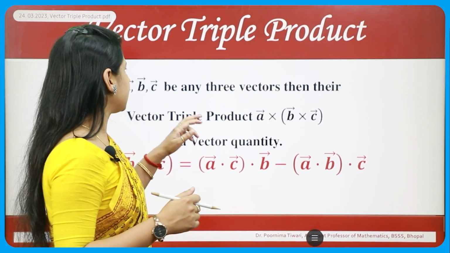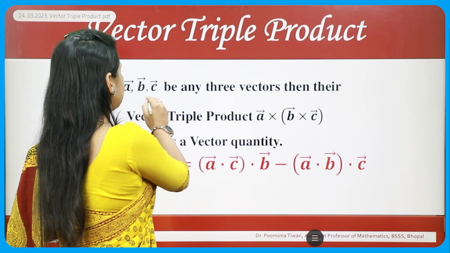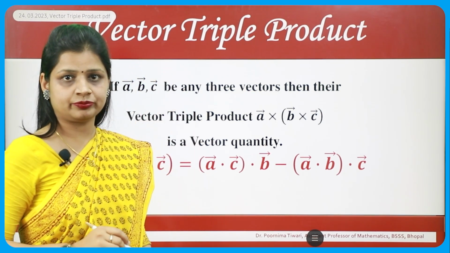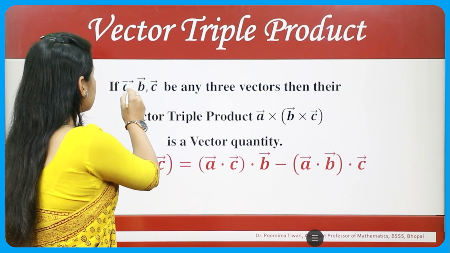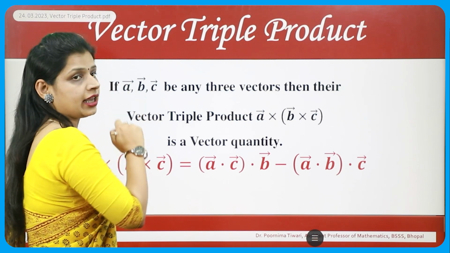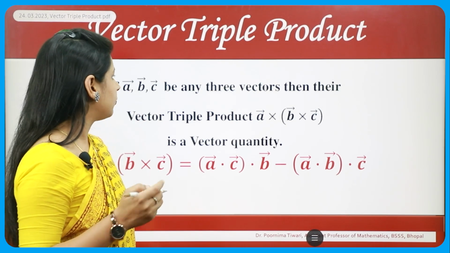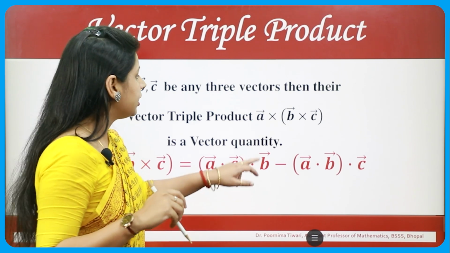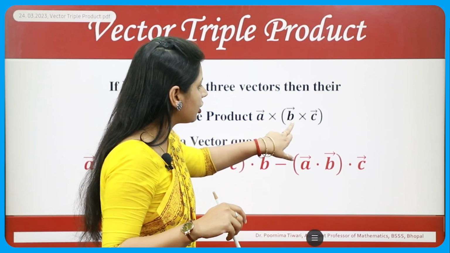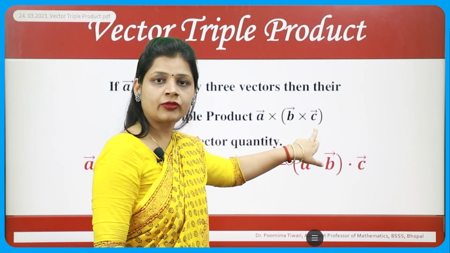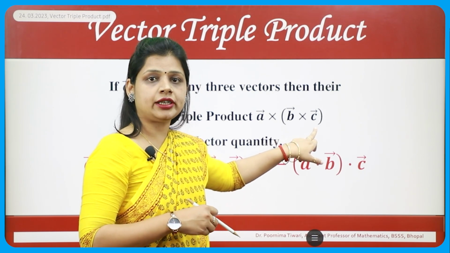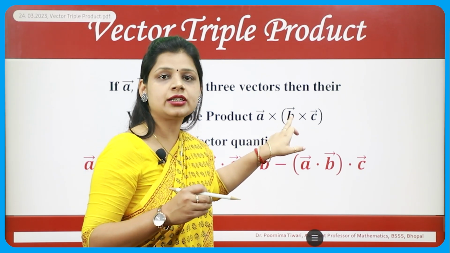If three vectors A, B and C are given, then the cross product of vector A with the cross product of vectors B and C is denoted by A cross (B cross C), and it is a vector quantity called the vector triple product.